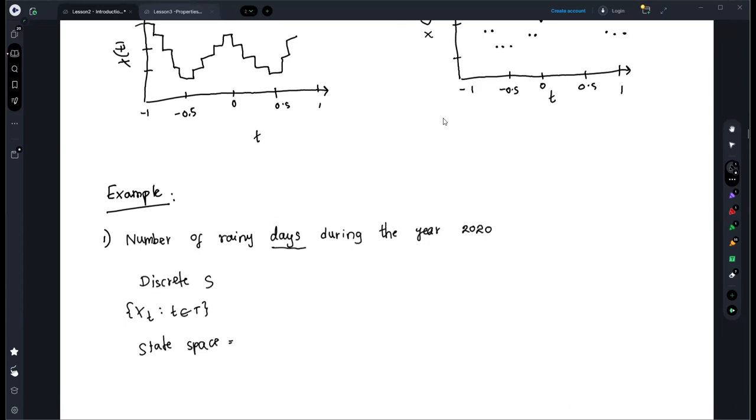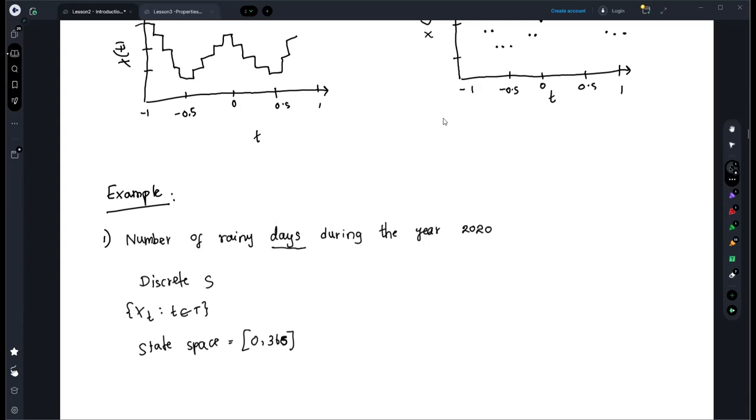It can be 0 days in a year, up to 365, let's say, right? 2020 is a leap year, so 366 will be there, with February 29th. Okay. So the state space is this much, so it will be discrete, right?